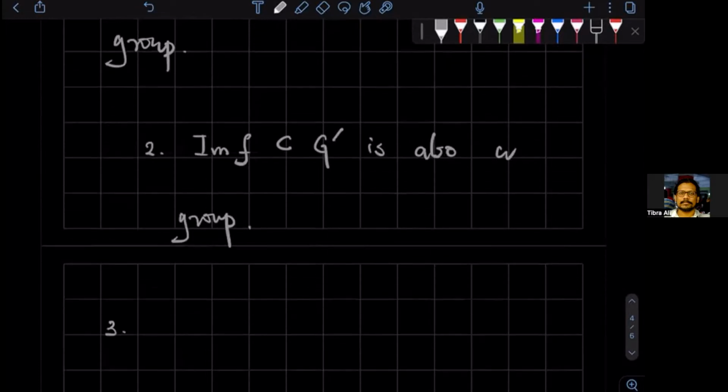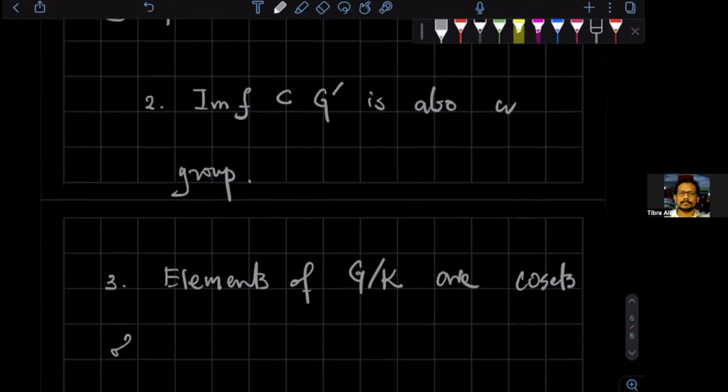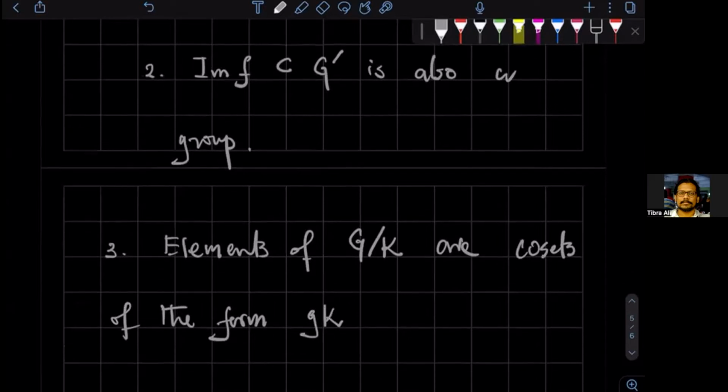Okay, so this is one we know. Other things we know is that elements of G over K are cosets of the form GK, right?